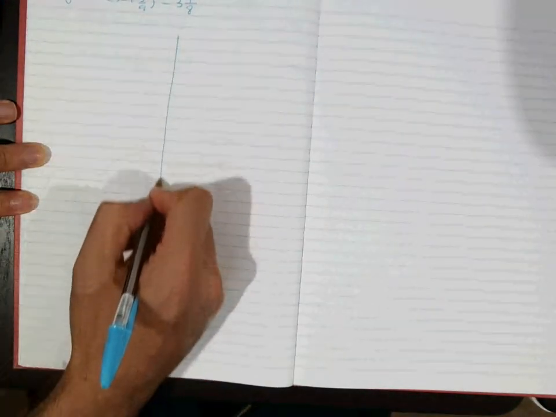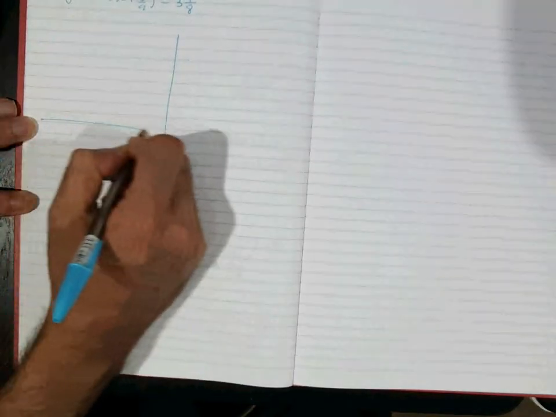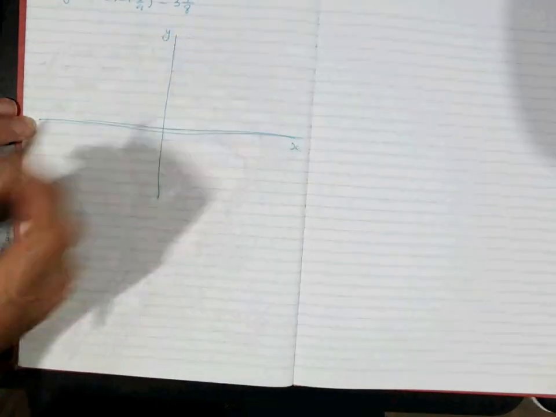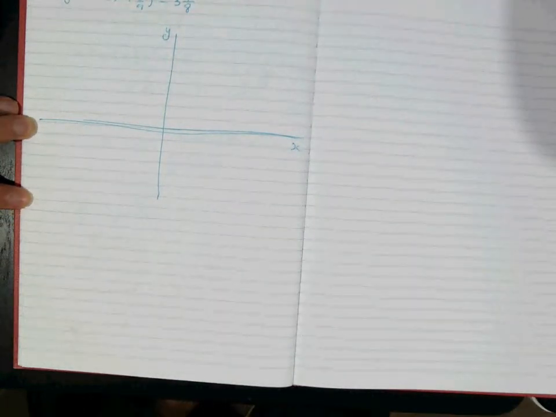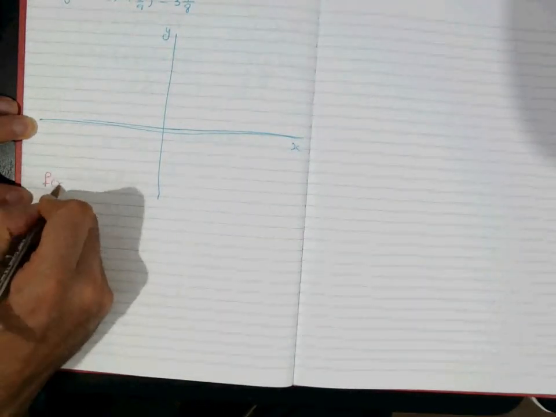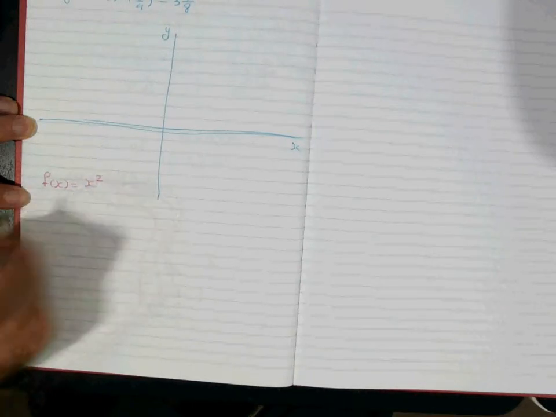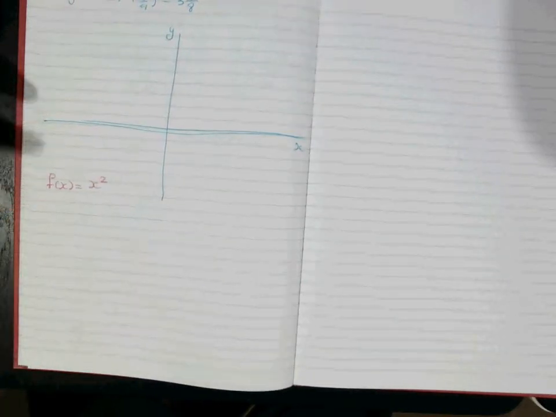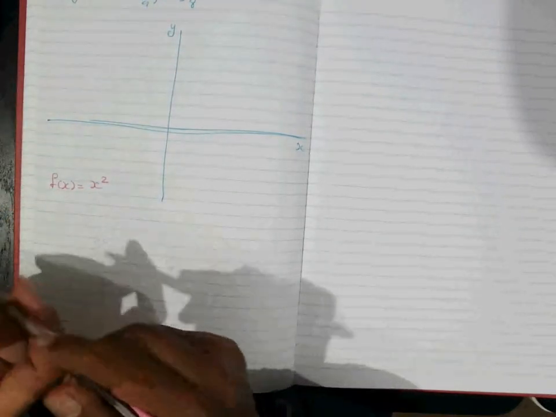Now, what I want you to think about is, just imagine that this is xy, and I'm going to start with saying f(x) equals x squared. Yes? Could you draw f(x) equals x squared with this pen?